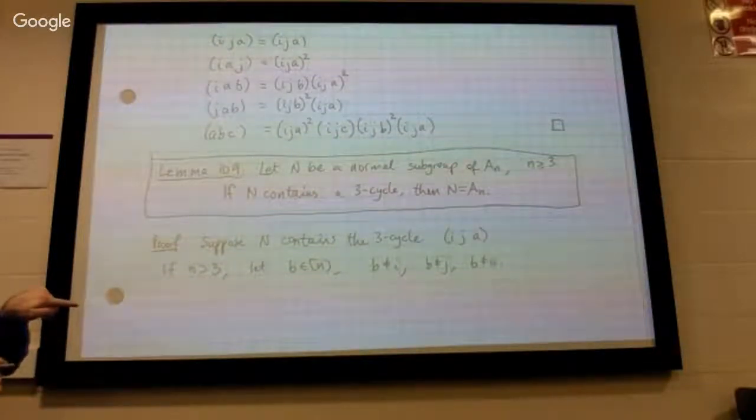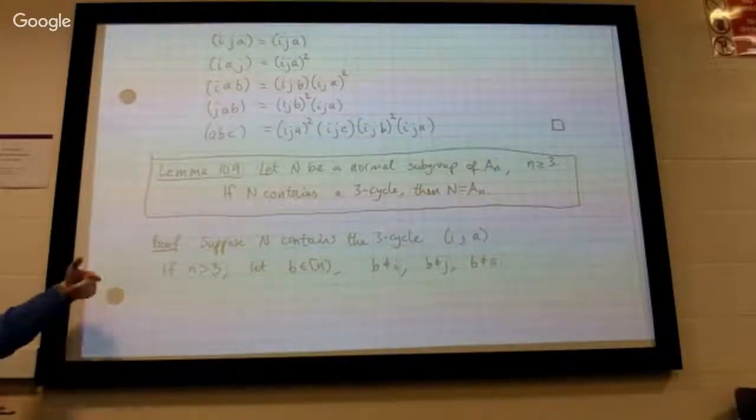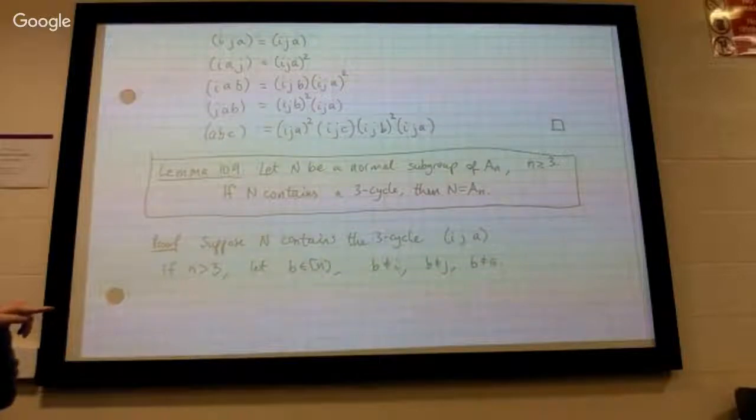Okay? And by 8.5, we already have that if you have all the (i j something)s, then it generates the whole group. So if it's a subgroup and contains all the (i j something)s, it has to be the whole A_n.